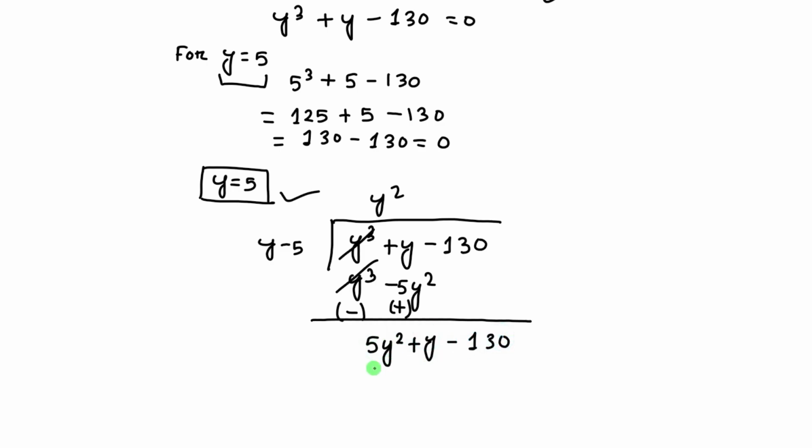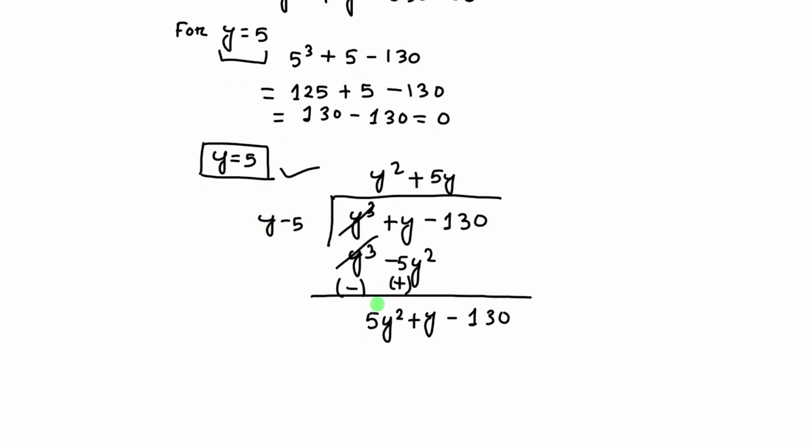In order to cancel this first term, we need to take plus 5y in the quotient. Now y multiplied with plus 5y is 5y squared, and minus 5 multiplied with plus 5y is minus 25y. Same, we need to take the opposite sign. Here negative will take positive.